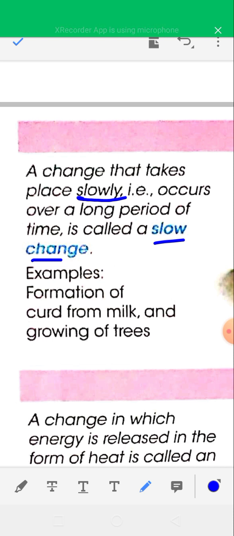For example, formation of curd from milk, and growing of trees, these are some examples of slow change.